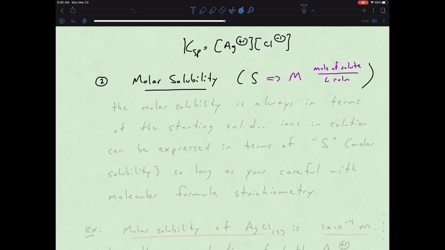But we do have this different letter, if you will: when talking about molar solubility with slightly soluble solids, we always have this capital S. The molar solubility is always in terms of the starting solid.